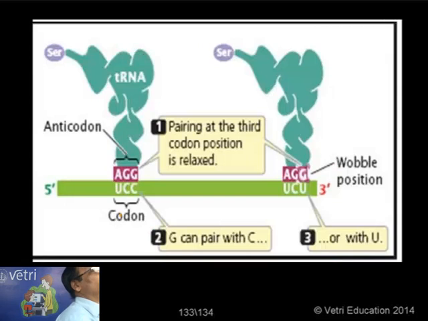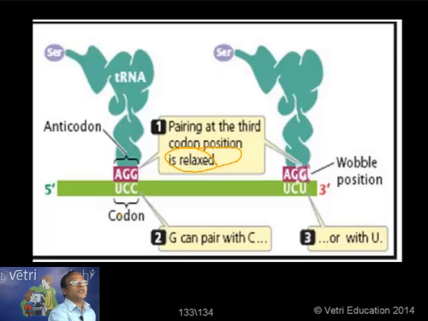Similarly, the wobble hypothesis is nothing but the relaxation of the third base. You see that pairing at the third codon position is relaxed. That means it can pair with anybody. So G normally pairs with C. This is normal base pairing. But in the case of the wobble position, the third base is called the wobble position, and that one can now pair with U. This is the relaxation.